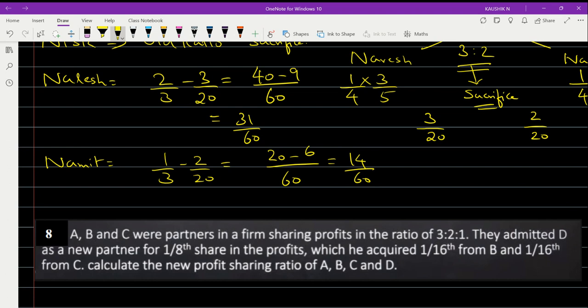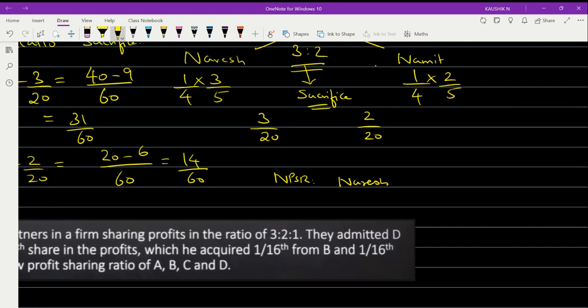So you have the NPSR of the partners Naresh, Namit, and Nimesh. For Naresh it has come 31 by 60, and for Namit it has come as 14 by 60.